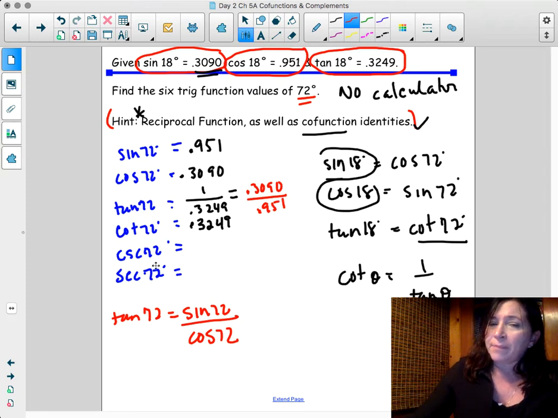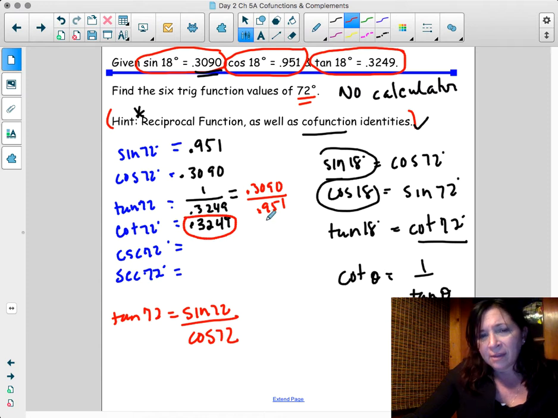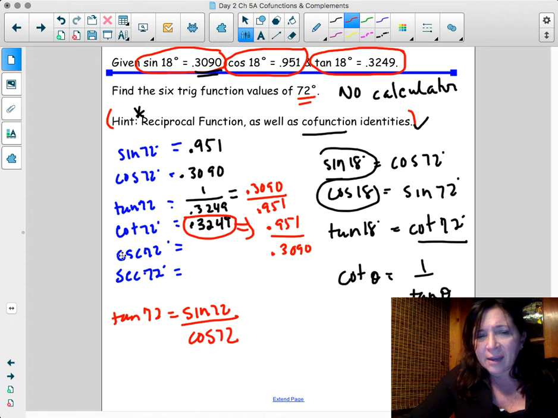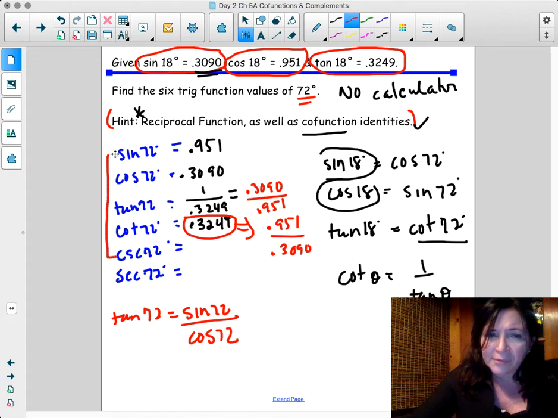I could have said that. And for cotangent, I could have taken this value and flipped it upside down, meaning this one could have been 0.951 divided by 0.3090.